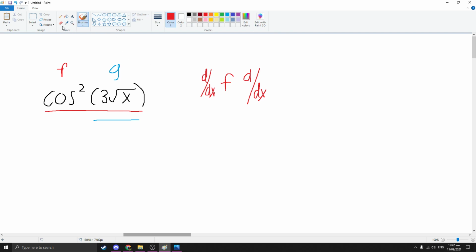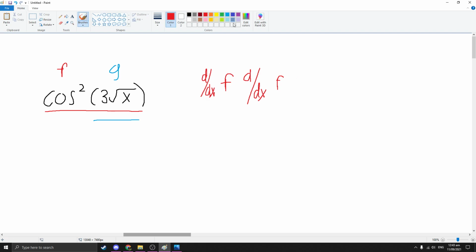So, basically, kukunin natin yung derivative ng mismong function without the power, at kukunin natin yung function, yung inside function. So, magiging ganito yung itsura niya. F, pero wala yung power. Okay?